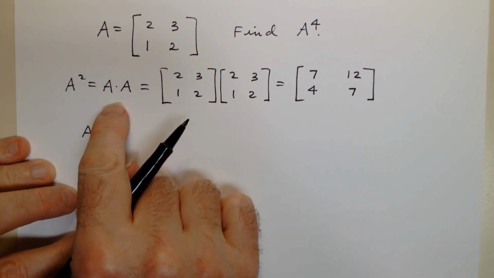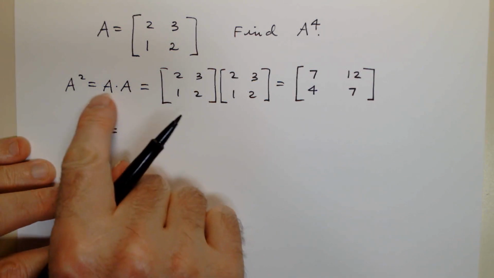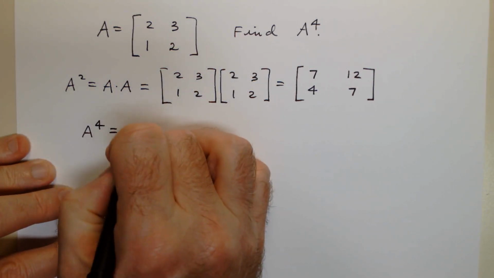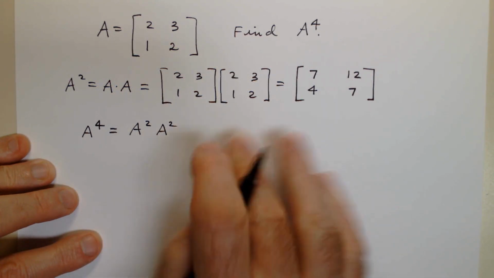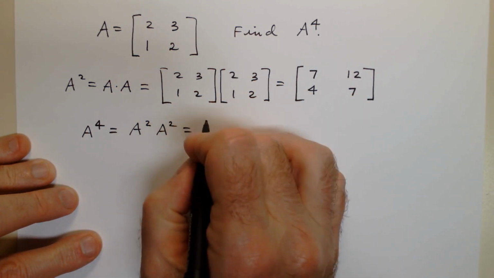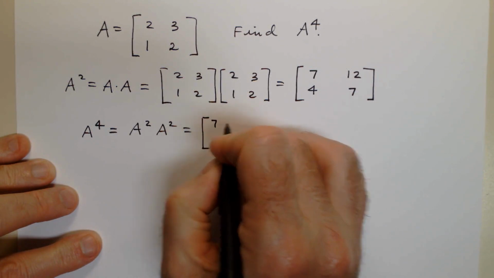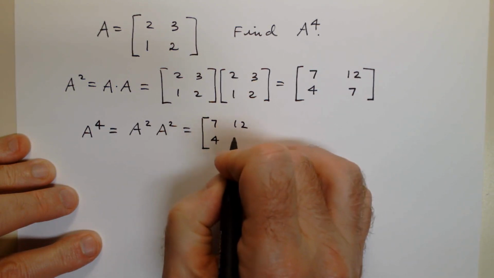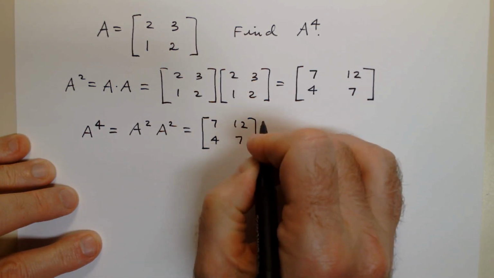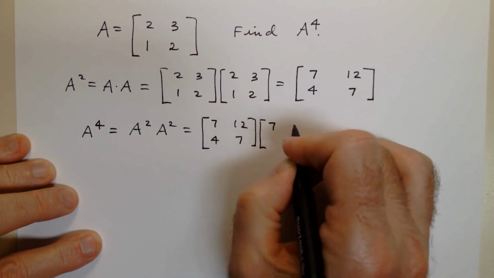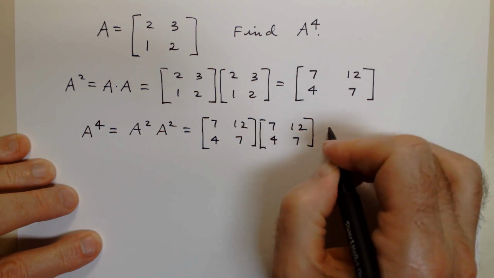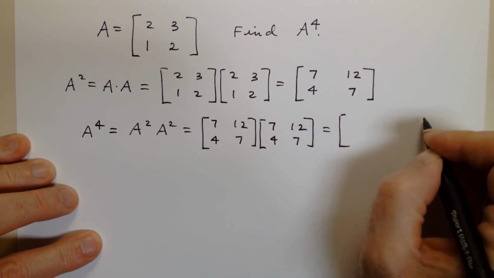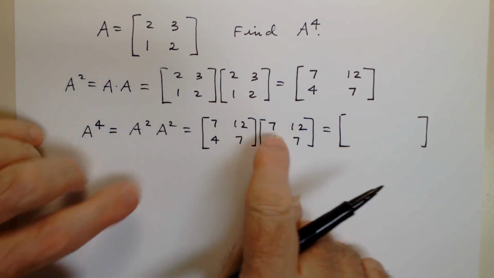Now to get A to the fourth, we could imagine multiplying A times itself 4 times, but it's much more efficient to now take A squared and multiply it against itself. So we can simply take the matrix we found and do another round of matrix multiplication. Okay, let's see what we get when we do the multiplication.